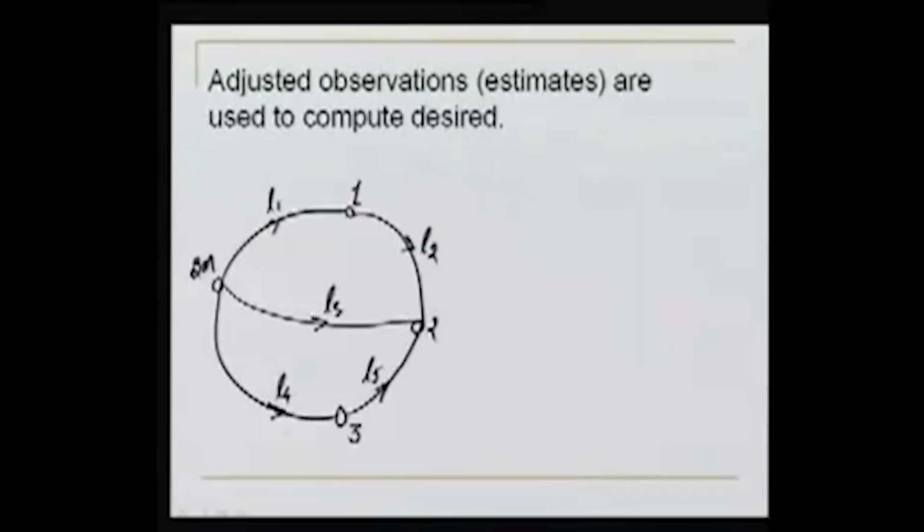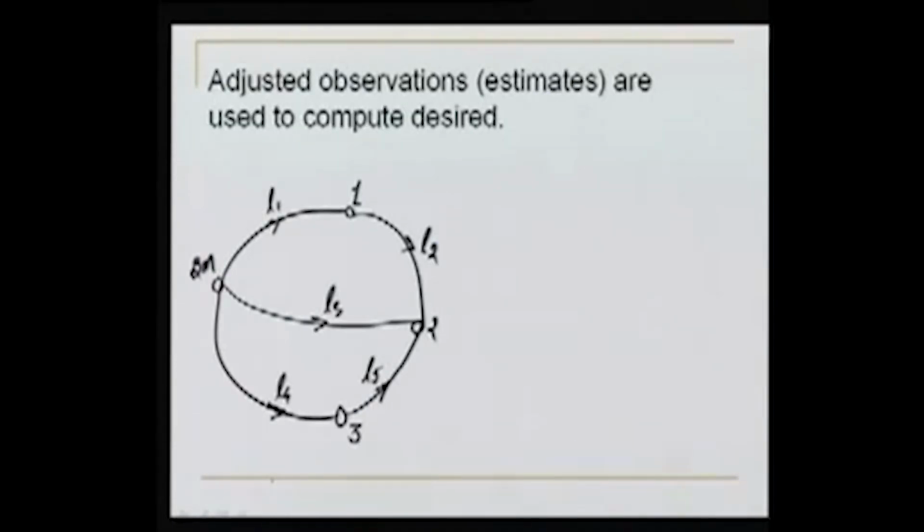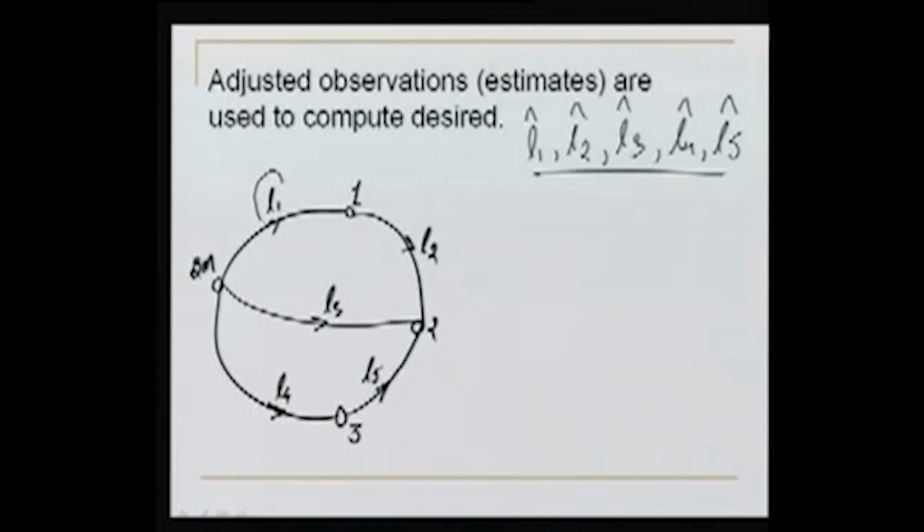Now in this case, we'll have a method in order to solve for these two equations, so that we can find L1 hat, L2 hat, L3 hat, L4 hat and L5 hat. Once these are known, that means we have now the adjusted values of these.